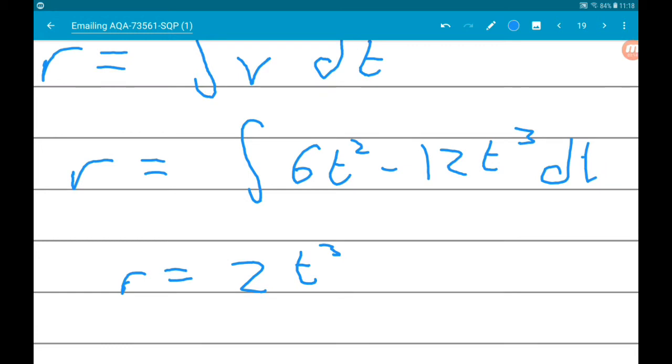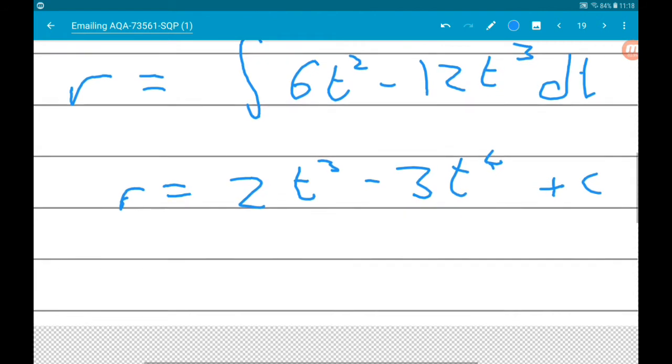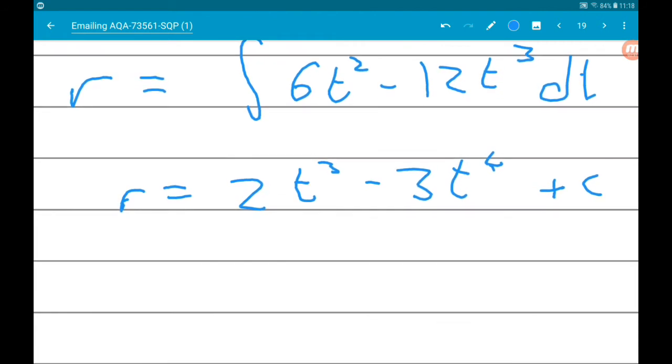Now t cubed integrates to t to the power 4 over 4. 12 over 4 is 3. So we got minus 3t to the power of 4, add c.